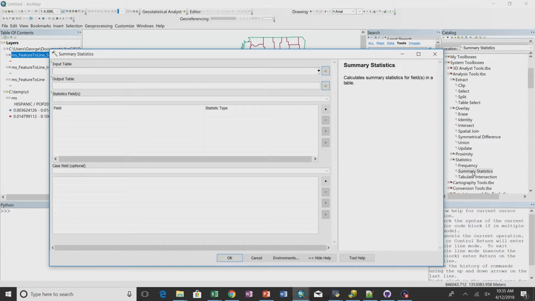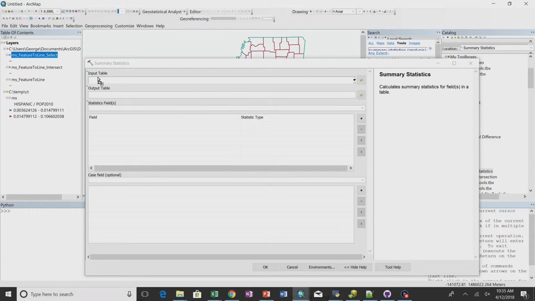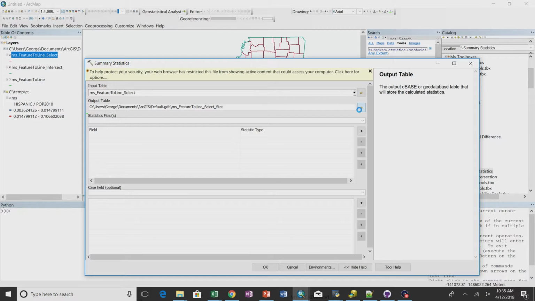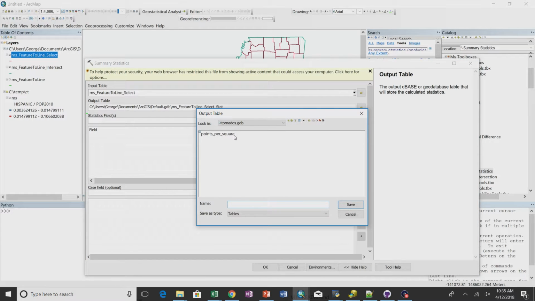So what we want to do is input our table that we just created, the select, and I'm going to save this as a DBF so I can import it into Excel.